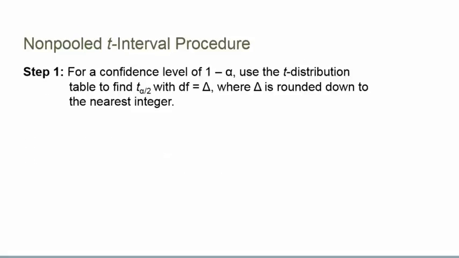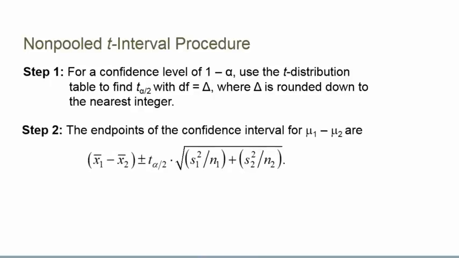Step 1. For a confidence level of 1 minus alpha, use the t-distribution table to find t sub alpha divided by 2 with degrees of freedom equal to delta, where delta is rounded down to the nearest integer. Step 2.